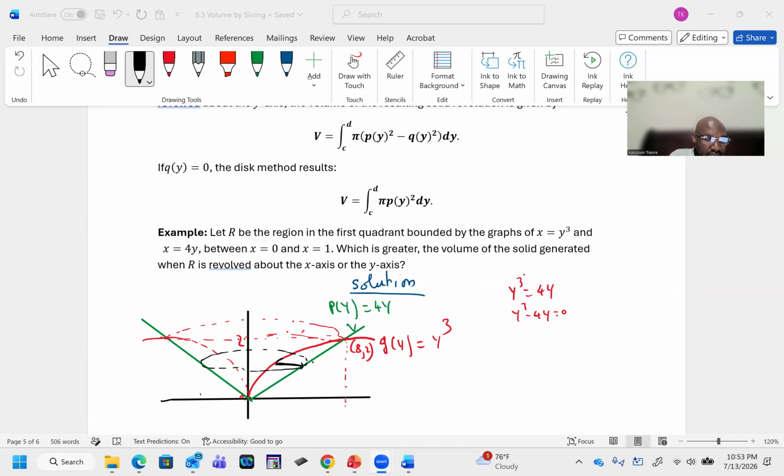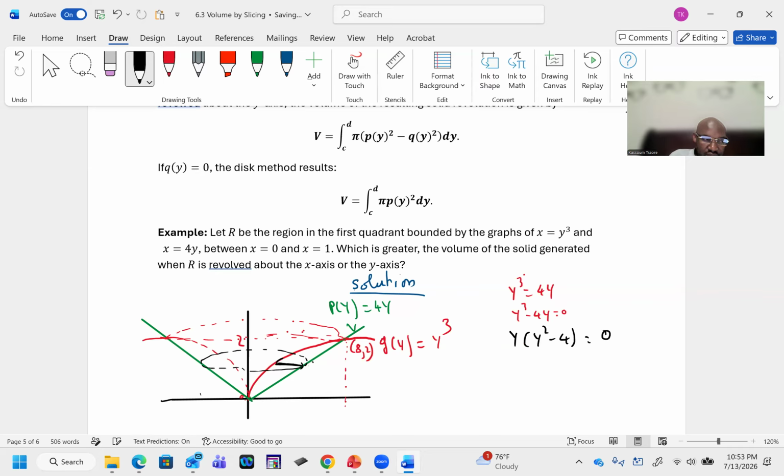So again, as I said, solving y cube is equal to 4y, we will get this solution because you can factor y. If you factor y, it will left what? Y squared minus 4.